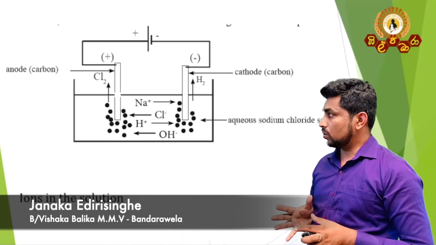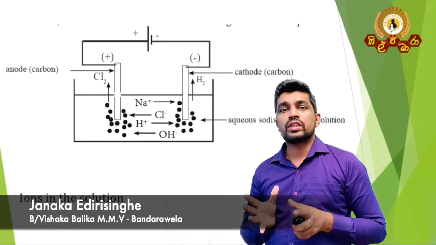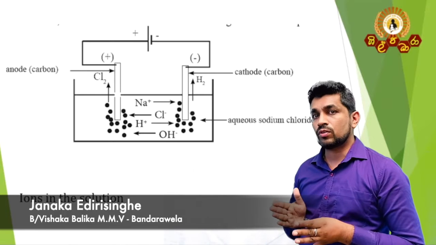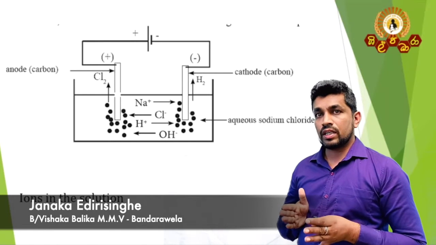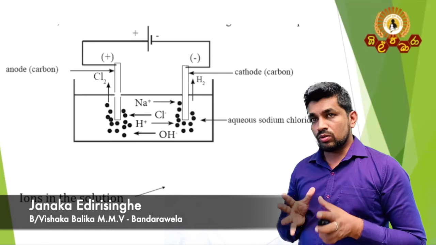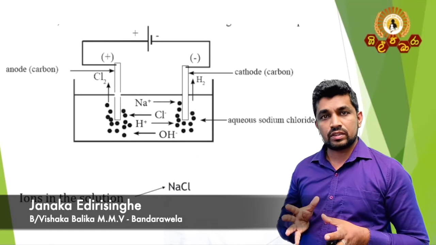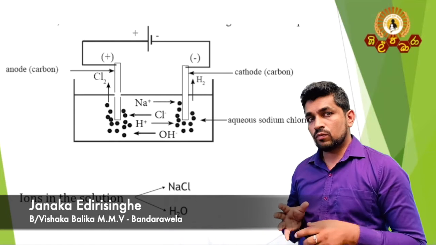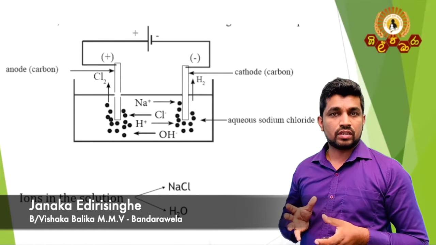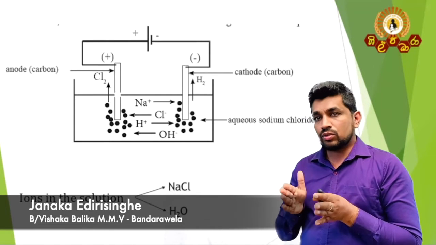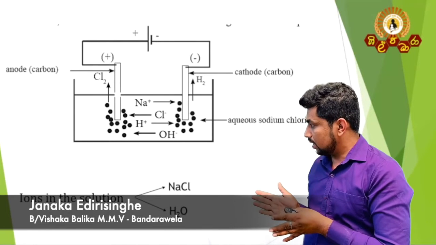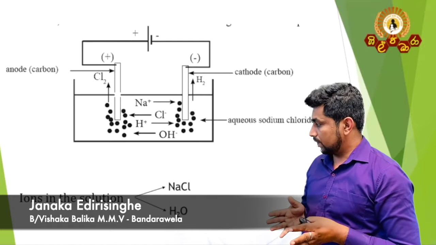First of all, we have to understand how this aqueous sodium chloride solution is formed. When we take sodium chloride, a solid substance, and dissolve it in water to form this solution, we are using two components: sodium chloride, as you can see here, and water, right?